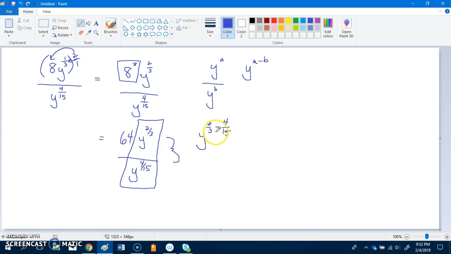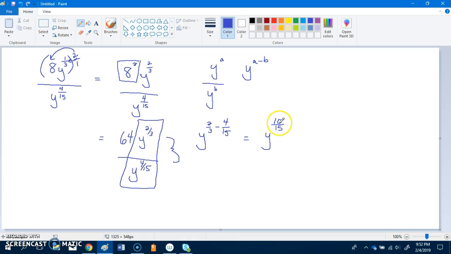In order to do the subtraction, we need to have like denominators. So 15 is the common denominator for both of these. So I'm going to change 2/3. 3 goes into 15 5 times, so 5 times 2 gives me 10.